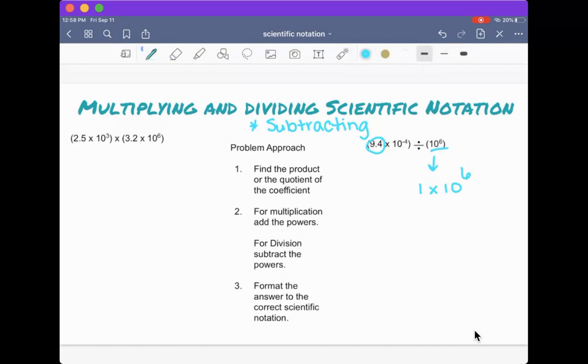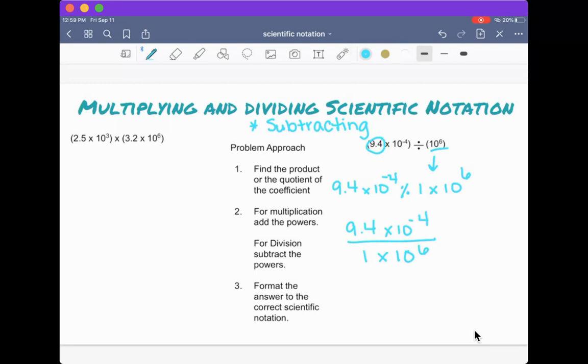When I write this out, I now have 9.4 times 10 to the negative 4 divided by 1 times 10 to the 6. You can also write this in fraction form, so you may see it like this as well.